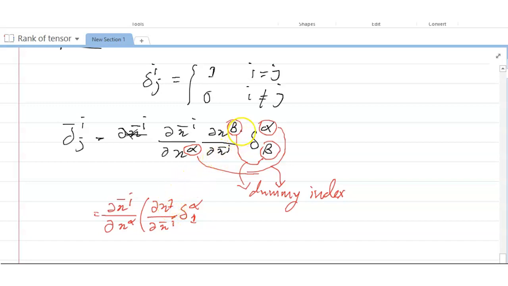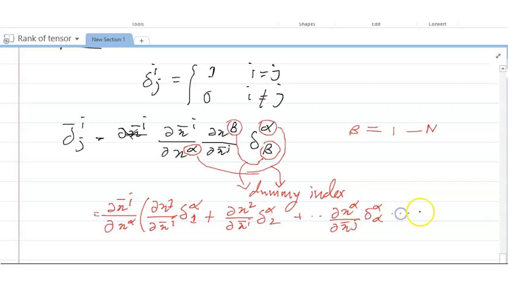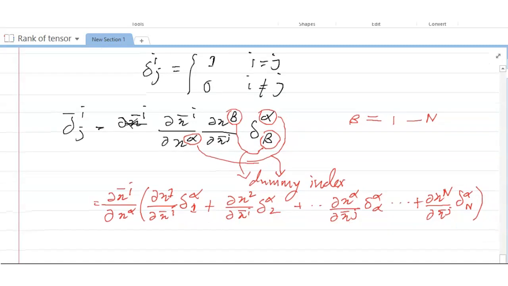Beta is the dummy index, beta is 1 up to n, so I can write it this way: plus del x2 divided by del x bar i, del alpha 2, plus up to del x alpha divided by del x bar j, del alpha alpha, and up to del xn divided by del x bar j, and del alpha n.